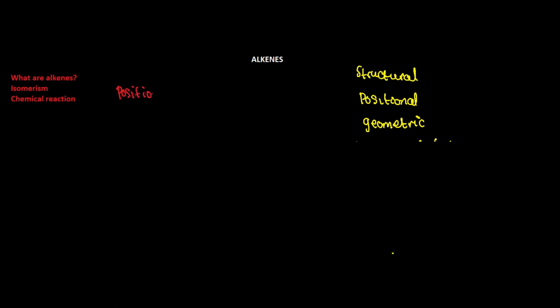Now for positional isomerism, this has to do with the specific position of the functional group. Now, earlier it was stated that the functional group of the alkene is a carbon-carbon double bond. Now, the position of this double bond may vary for a given molecule, and we would also take C4H8 as an example.